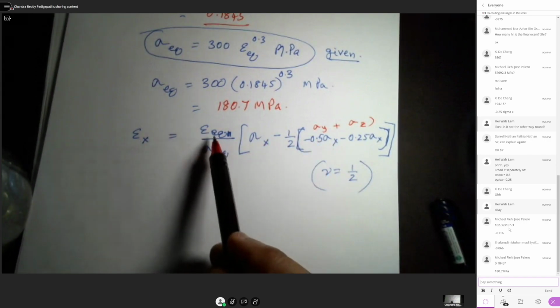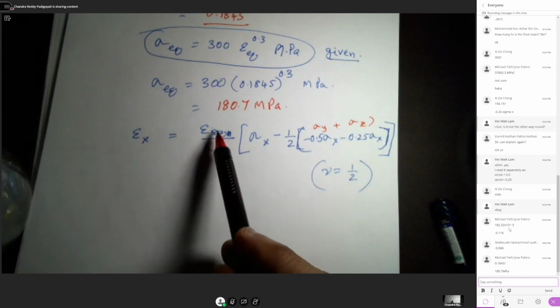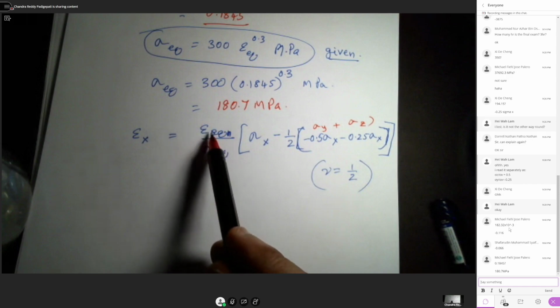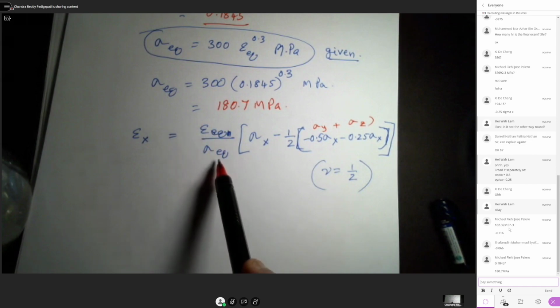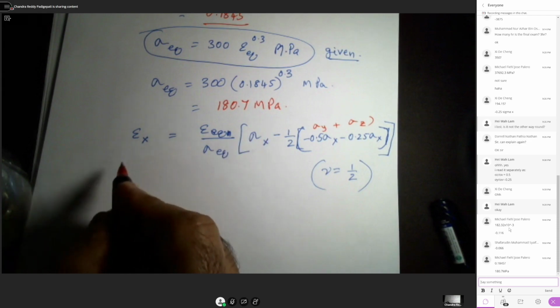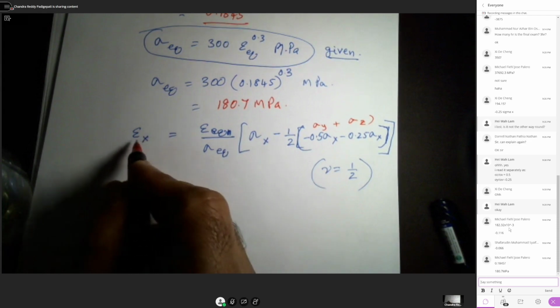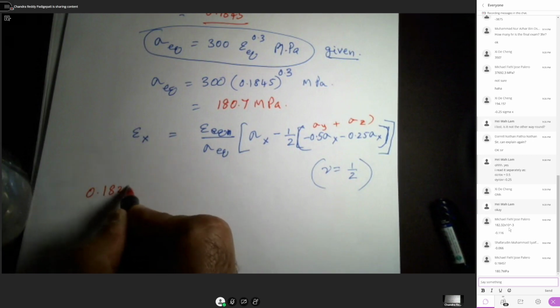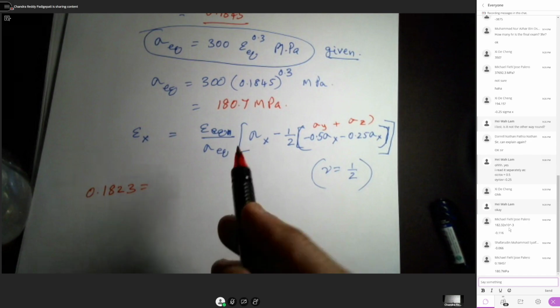Strain along x is, for plastic deformation, instead of Young's modulus, strain equivalent over stress equivalent. You know strain along x is calculated as 0.1823.